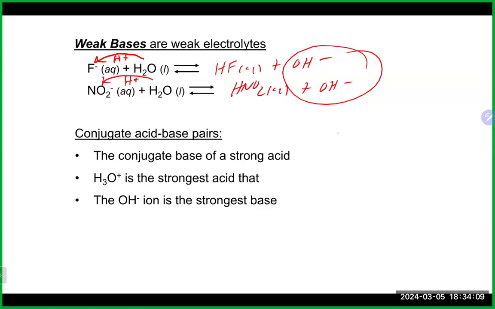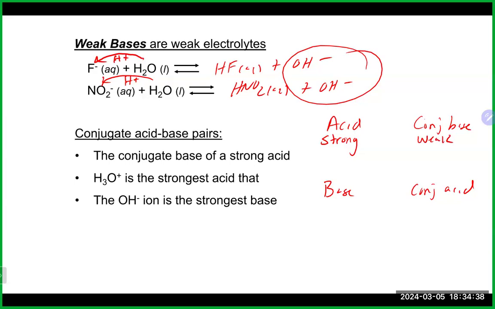But the relationship between an acid, for example, and its conjugate base, or a base and its conjugate acid, is an opposite sort of relationship. So what that means is, if you have a strong acid, its conjugate base will be considered relatively weak. So it's an opposite relationship.